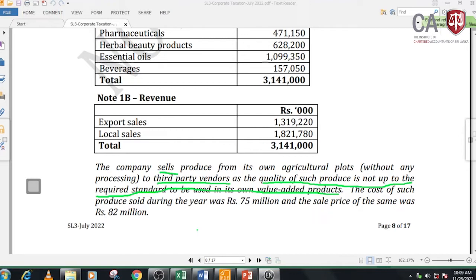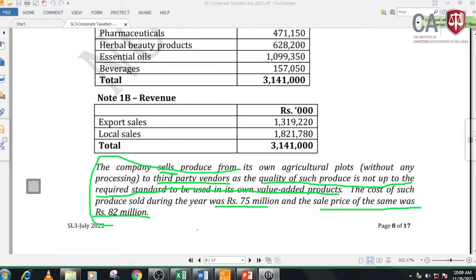If this paragraph were not there, and they were using their own agro farming products in their factory as part of the manufacturing process, then under the first schedule you would have to apply the particular concession under the tax rate, but in here no need because they are not using that. Okay, then the cost of such produce sold during the year was 75 million and the sales price of the same was 82. Now let me do this adjustment in here.